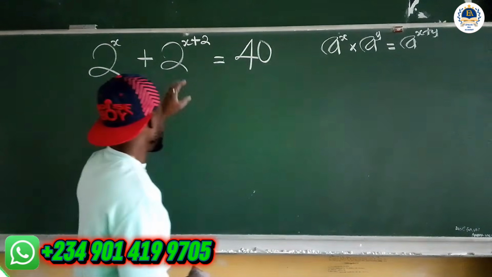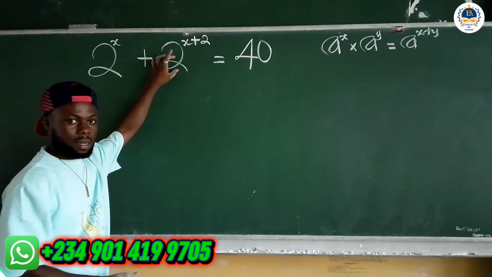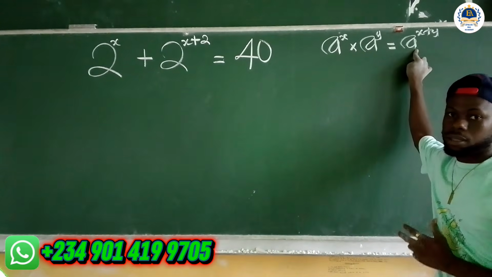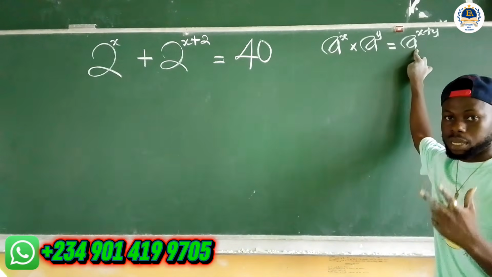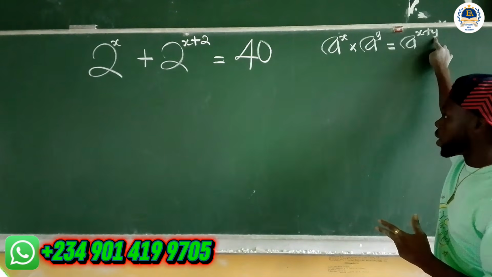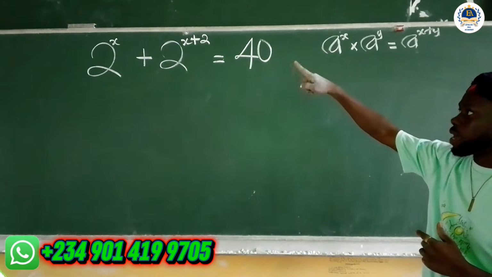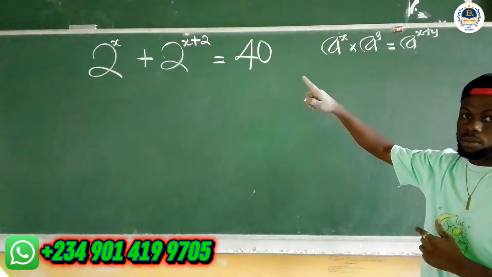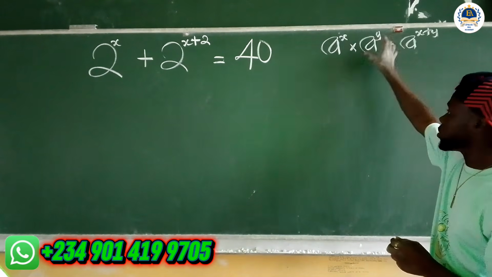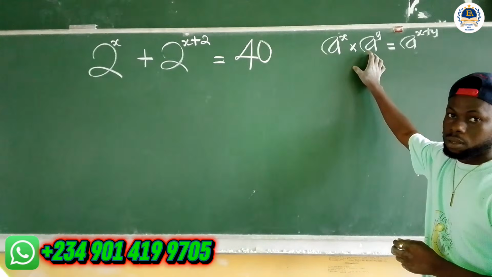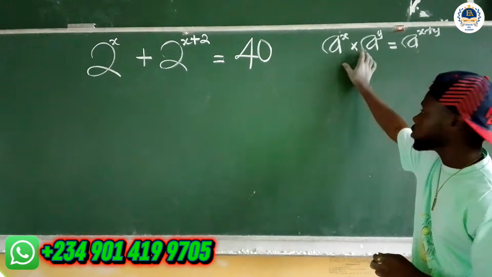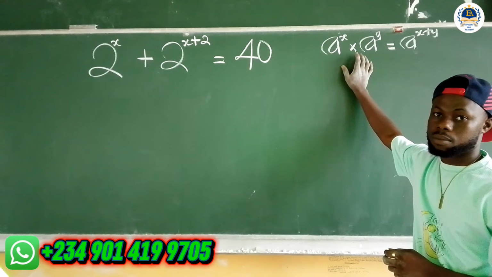So this one here is likely the same as this: a base carrying two terms. A carrying x and y, 2 carrying x and 2. So we are going to convert this one into this form first.